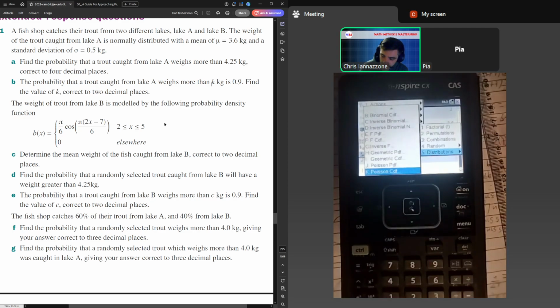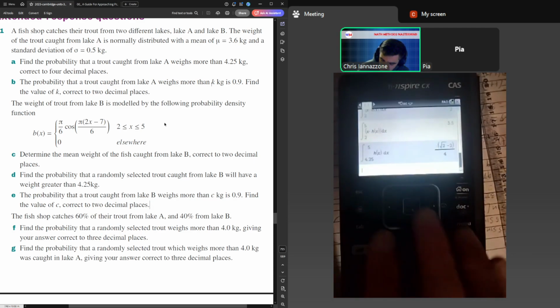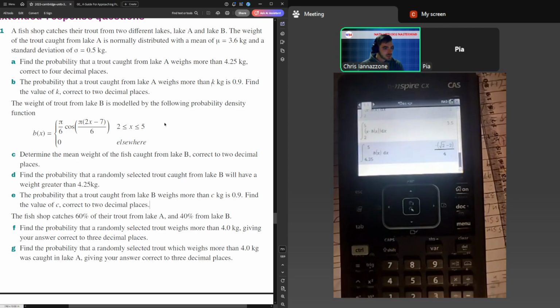I guess the challenge is when we have continuous probability that's generic, mapped by some function f of x, there's no inbuilt thing to really look for. So the thing to do here is remembering that continuous means the boundaries of your integral are x values and the outcome of the integral is a probability.